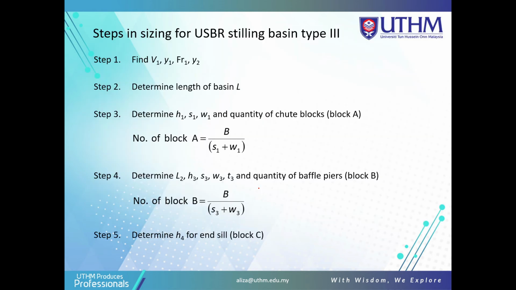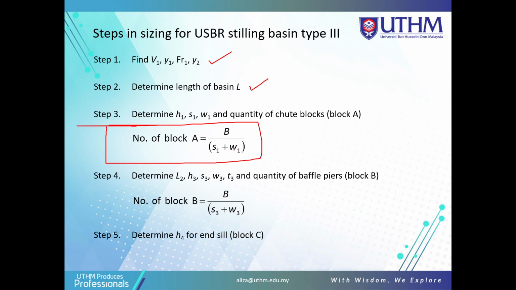So, steps in sizing for a USBR stilling basin type 3. You must find V1, Y1, Froude number 1, and Y2. That's step 1. Step 2, determine the length of basin L. Then determine H1, S1, W1, and the quantity of chute blocks, or block A. You must use this formula: number of block A is B divided by S1 plus W1.